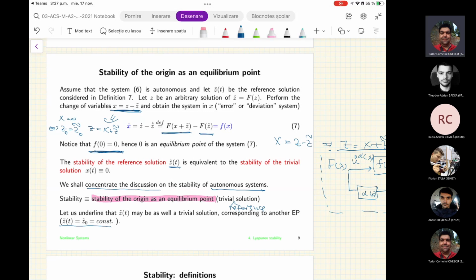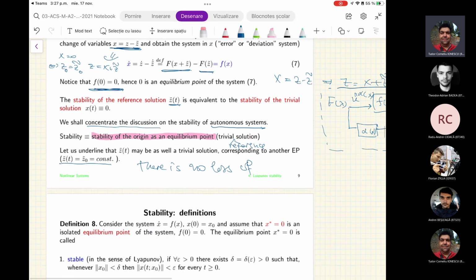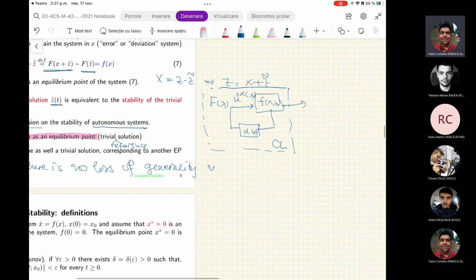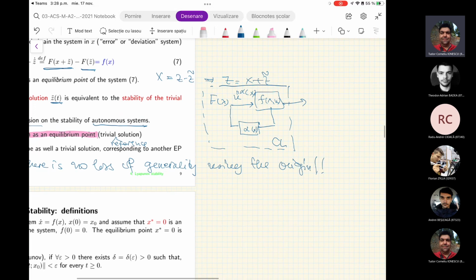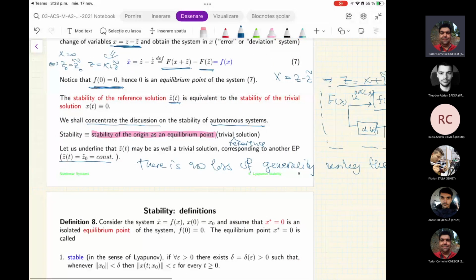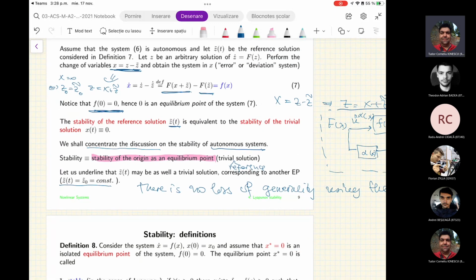What this line says here is that there is no loss of generality using the origin, because you can always talk about any other equilibrium point in the same fashion, taking the same coordinate transformation.